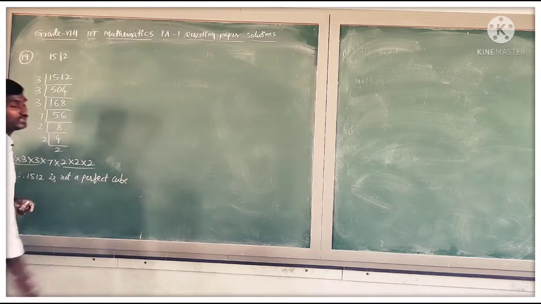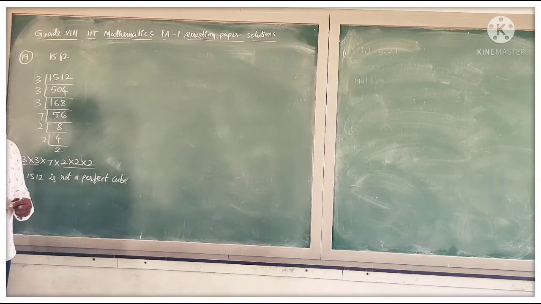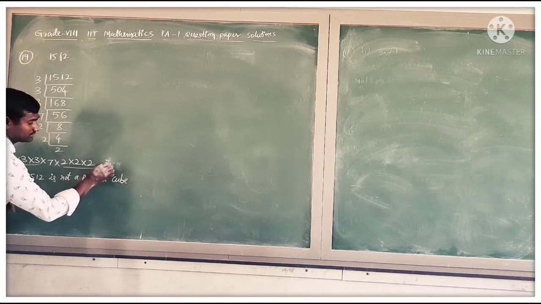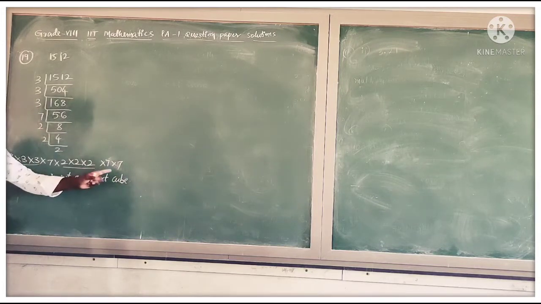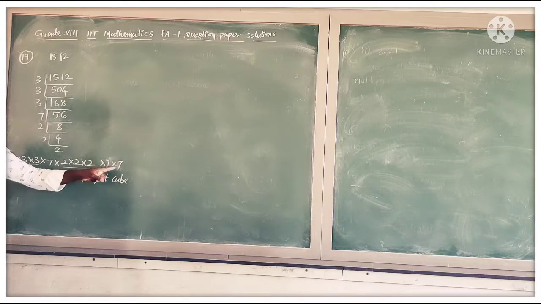If it is not a perfect cube, to make this number a perfect cube, by which number do we need to multiply? Here how many 7s do we have? 1 seven. How many 7s do we need? 2 more 7s, that is into 7 into 7. So 2 more 7s we need, then it becomes a perfect cube. So 2 more 7s means what is the product? 7 into 7, 49.